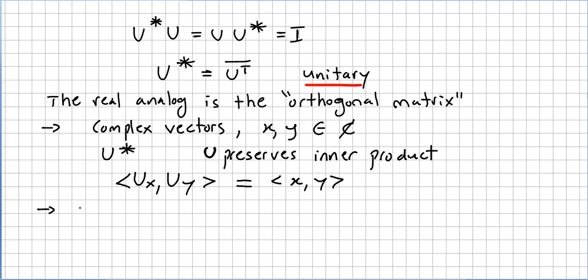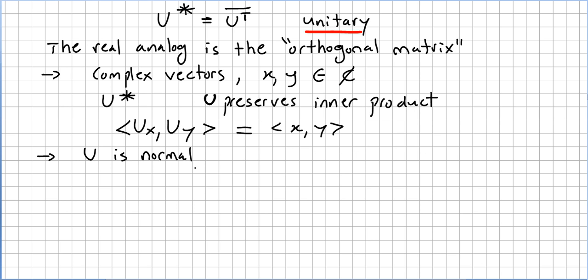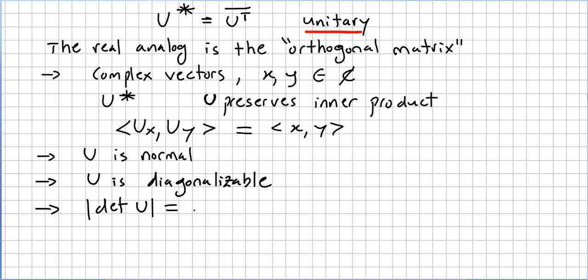Okay, some other characteristics. U is a normal matrix. Please check the previous video for this sort of concept. U is diagonalizable. Very easy to check that U is diagonalizable, and the determinant of U will always have absolute value 1.